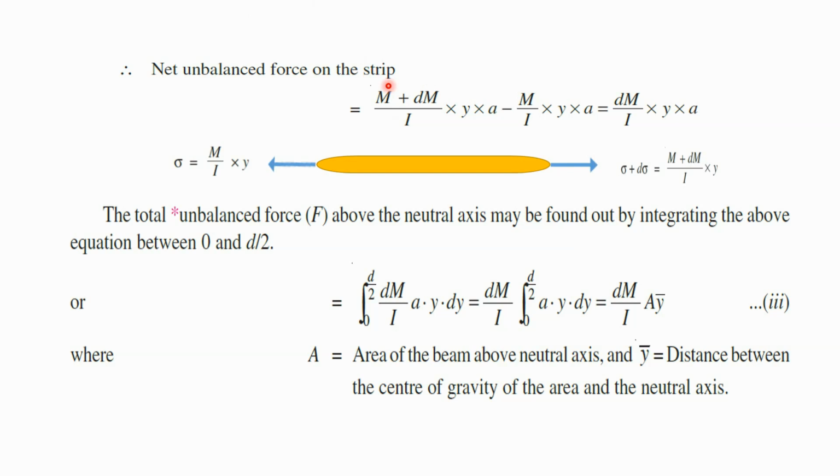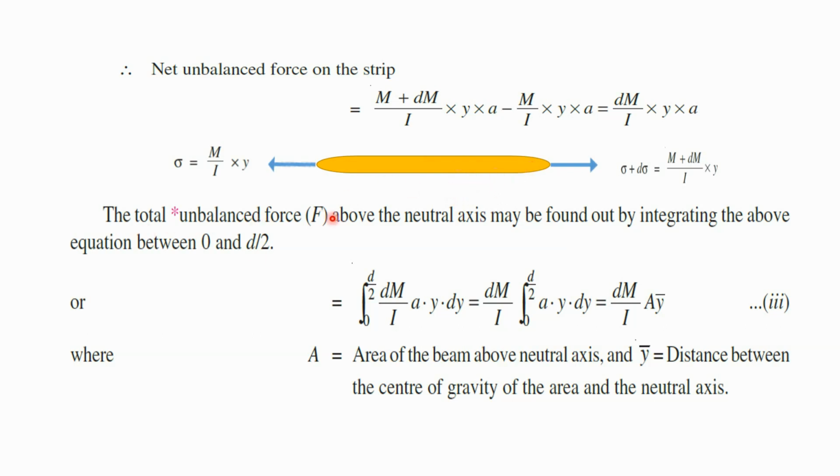Means if you want to find out the net unbalanced force on the strip, it will be M plus delta M upon I into Y into A, minus M upon I into Y into A. So if you subtract this from this end, then we get the net unbalanced force as dM upon I into Y into A. So at every layer, or every elemental strip along the beam section, there is an unbalanced force acting on the beam, which will subject it to shear stress.